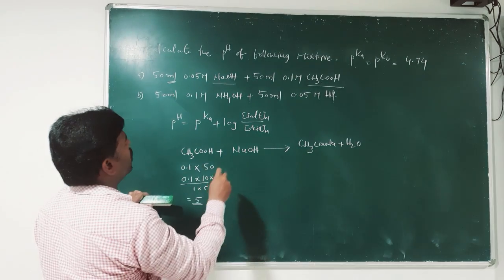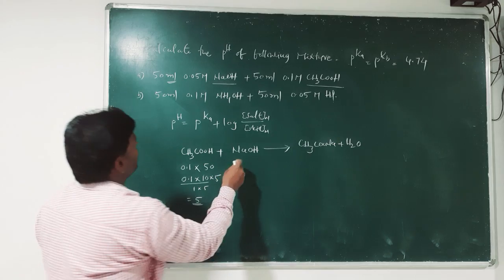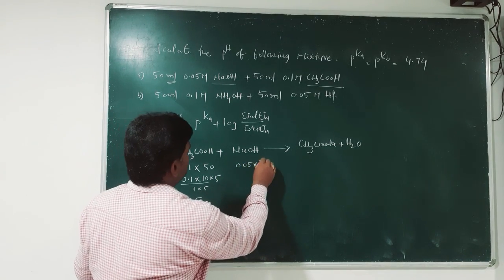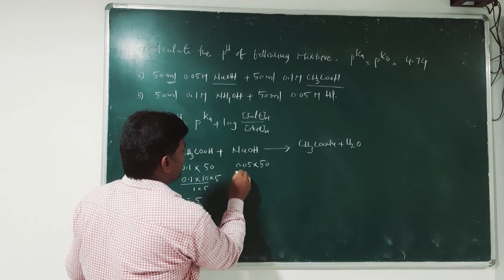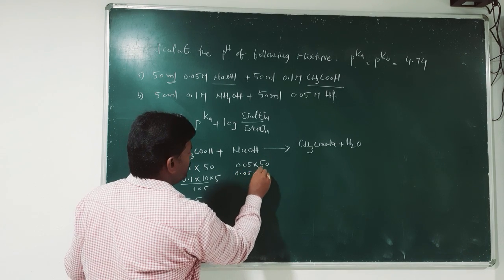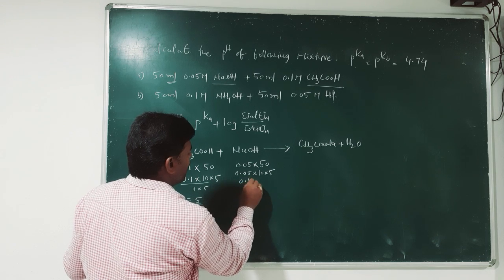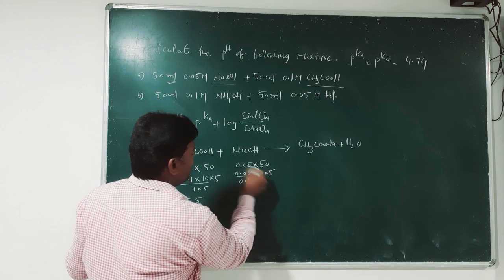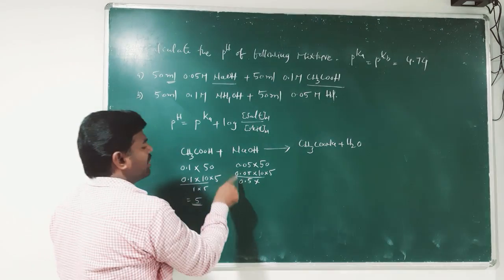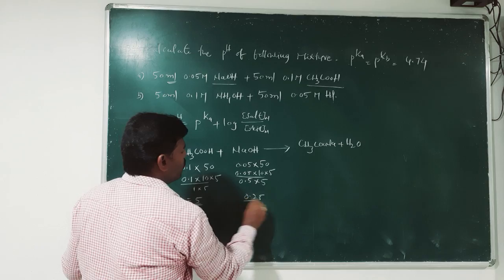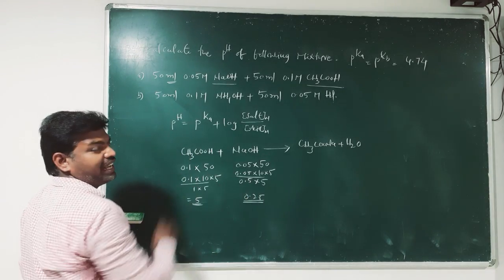And sodium hydroxide, the molarity is 0.05 and the volume is 50, so 0.05 into 10 into 5, that is 0.5 into 5, which is 2.5. So this is the limiting reagent.